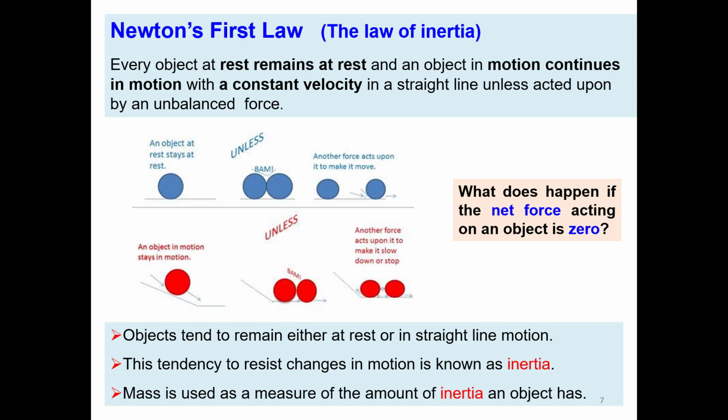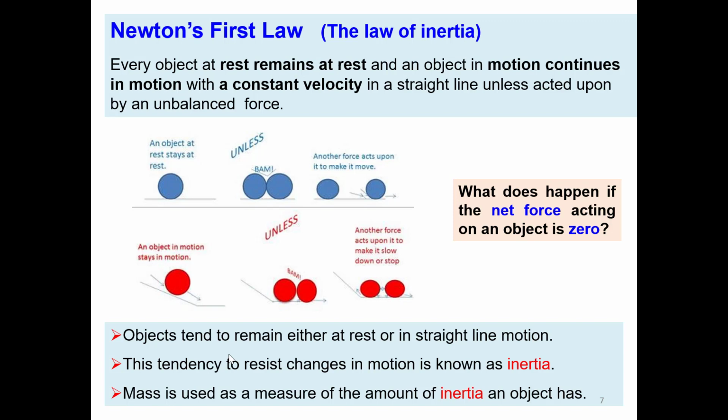This law is also called the law of inertia, because all objects tend to remain either at rest or in steady motion if there is no force acting on the object. This tendency to resist a change in motion is known as inertia. Remember, mass is used to measure the amount of inertia of an object.